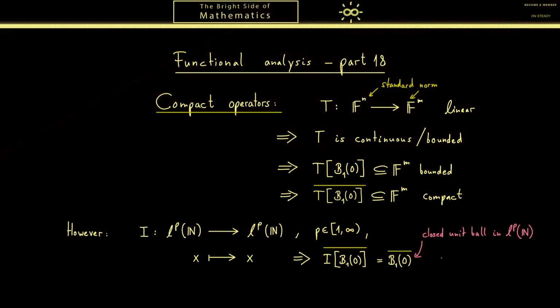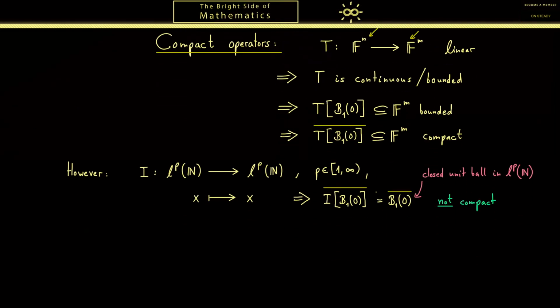And there we know from the last video, it's closed and bounded, but not compact. Hence we have something here we would not call a compact operator, because the image is just too large in this case. So you should always remember, compact operators are what we get when we extend the finite dimensional operators a little bit.